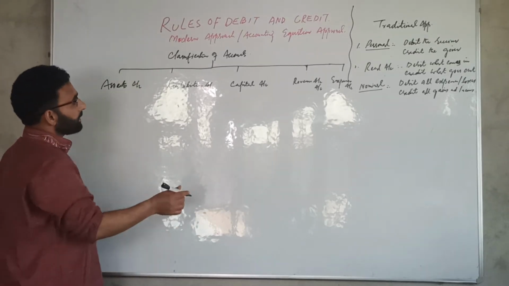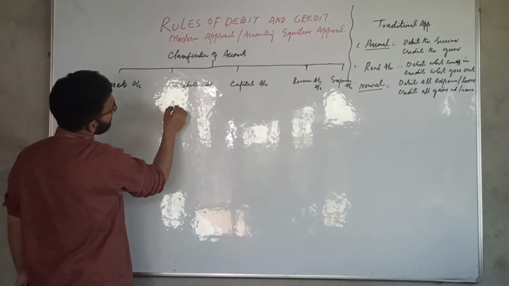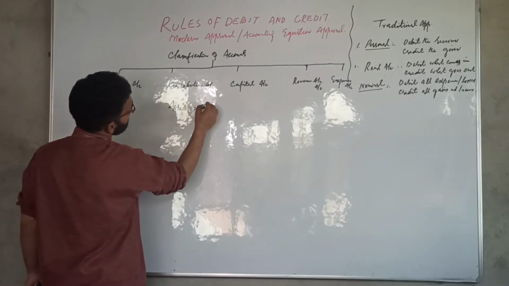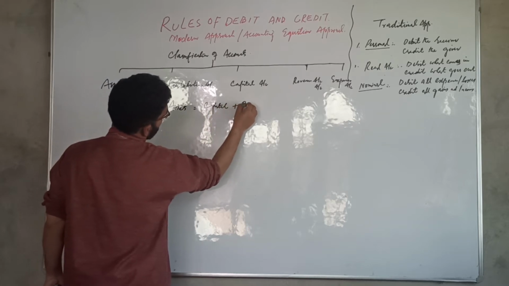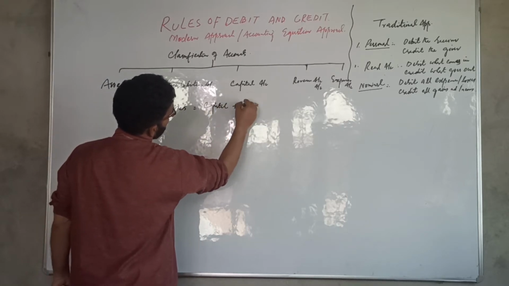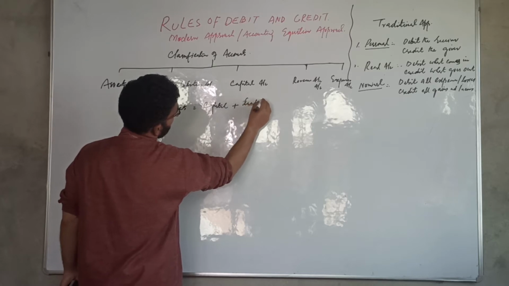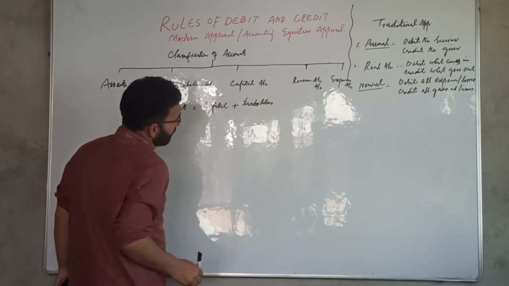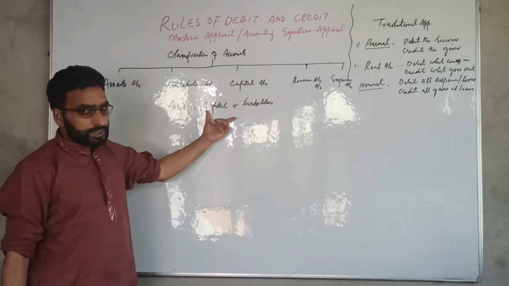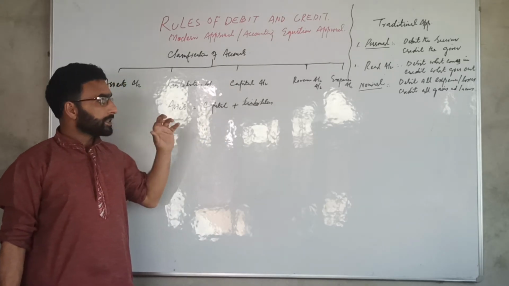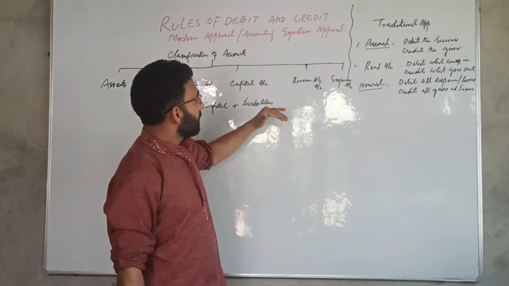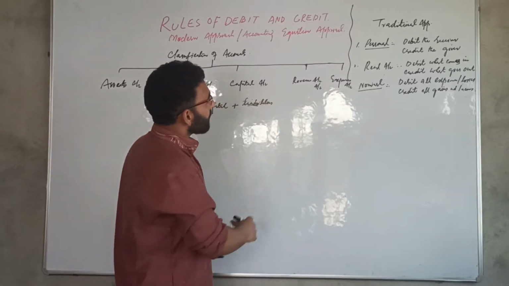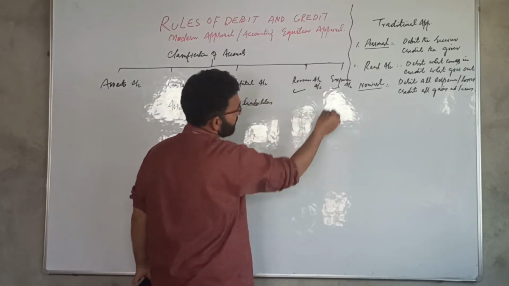The accounting equation we have learned: assets is equal to capital plus liabilities. These are the main elements of the accounting equation. Now 2 more terms are added to this, the revenue account and the expenses account.